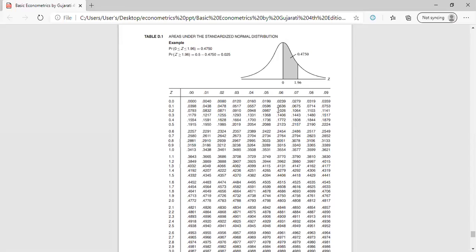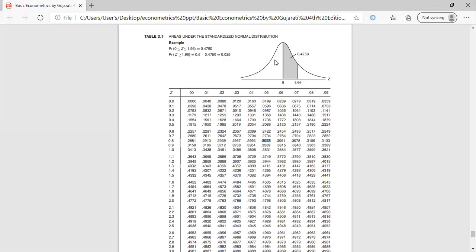Plus 0.5. This point, this one, plus this whole area. Probability that z is less than 0.85 is 0.3023 plus this whole area. Everybody agree with that?